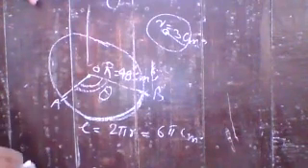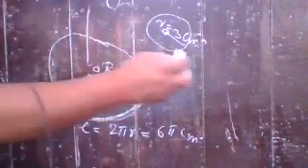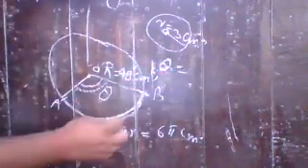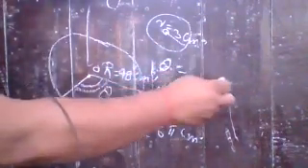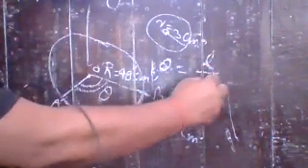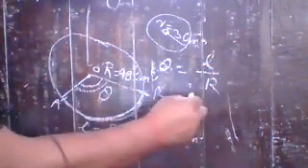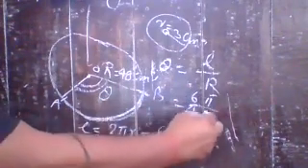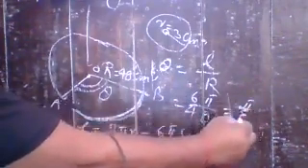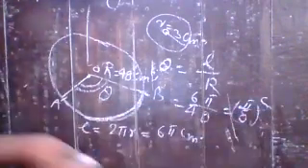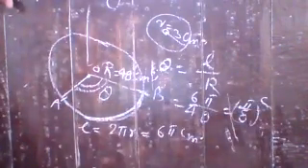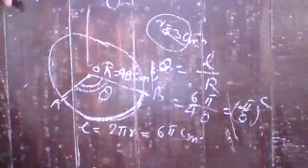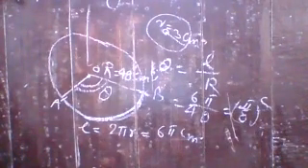So you can write it this way: theta is equal to L upon capital R. L is 6 pi and your radius is 48, so you have pi upon 8 radian. Convert that into degrees by multiplying by 180 upon pi.